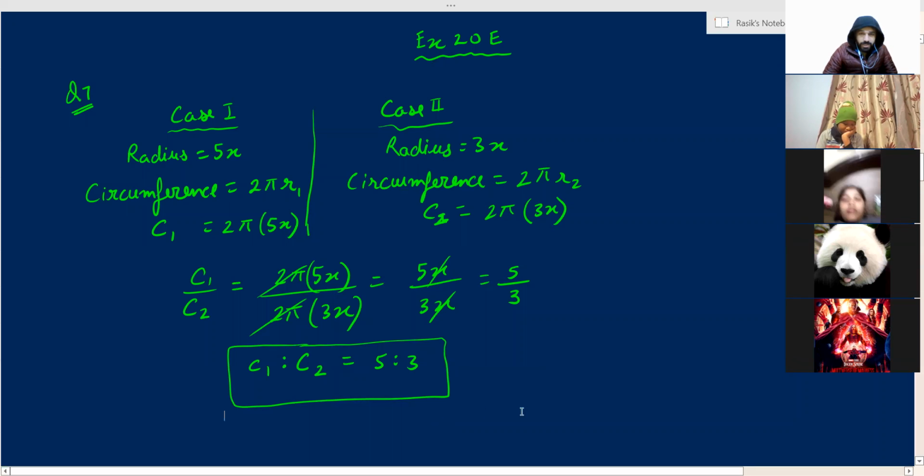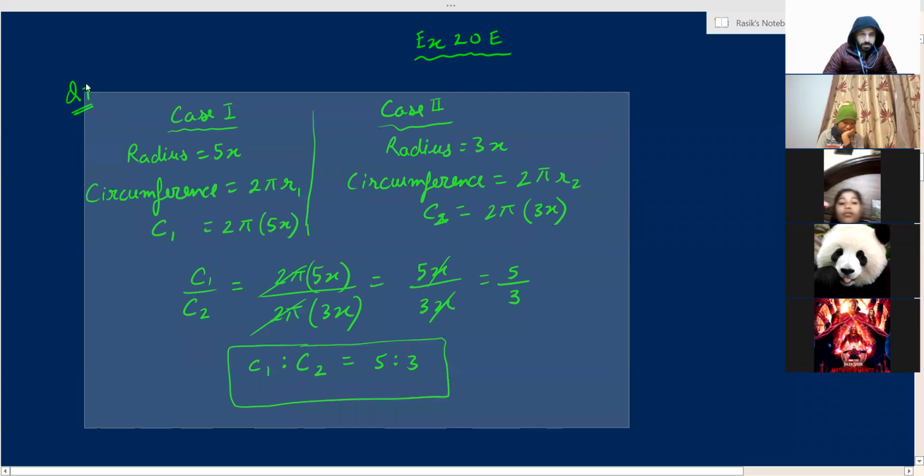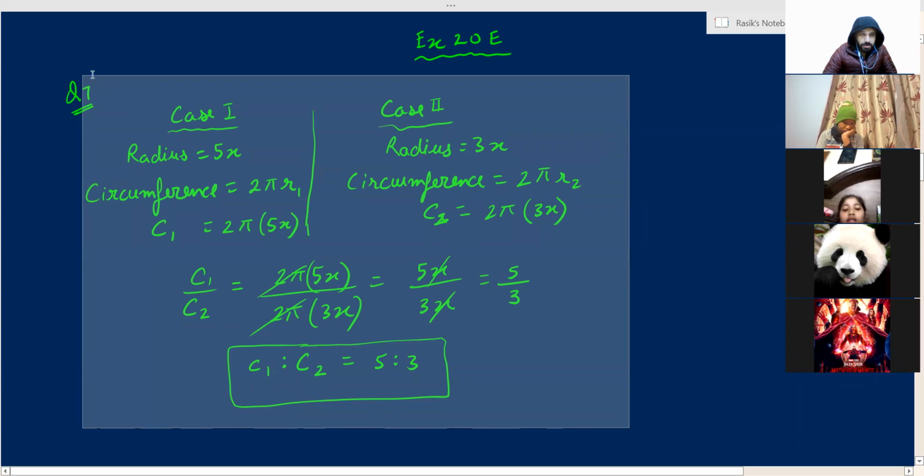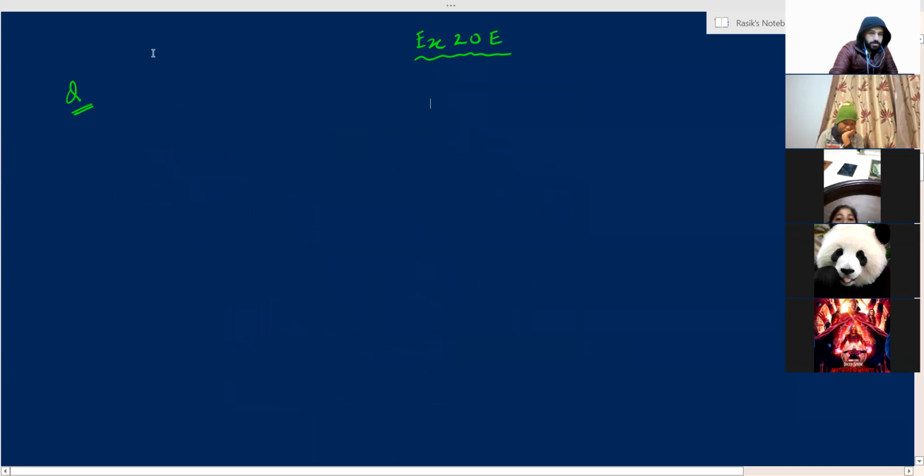Okay, question number 8. How long will a man take to make a round of a circular field of radius 21 meters?